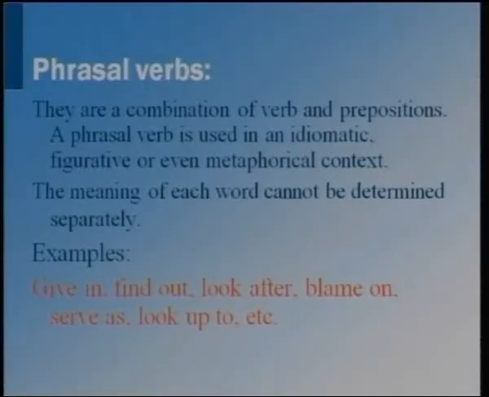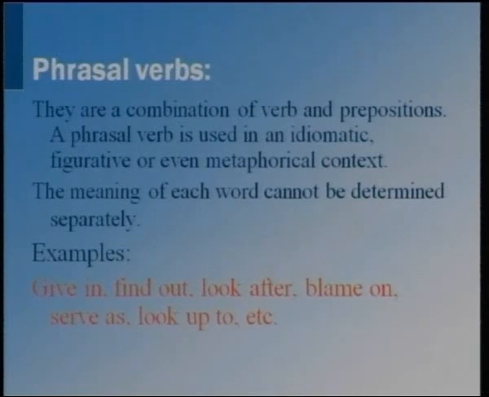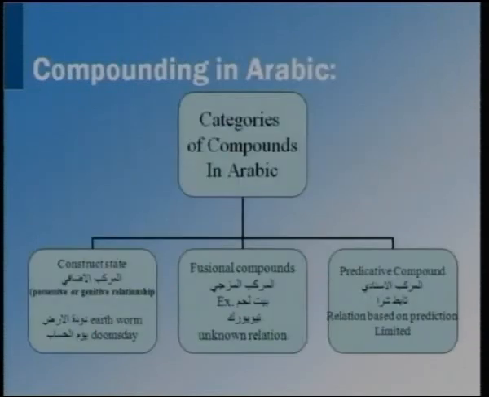The phrasal verbs are not hyphenated. All phrasal verbs are not hyphenated. So, run out of, give in, find out, look after, look up to, etc. They are not hyphenated at all.